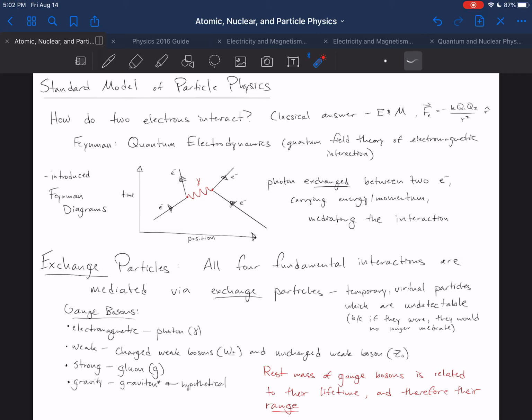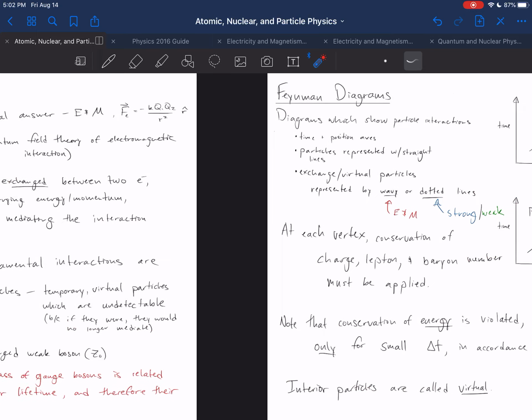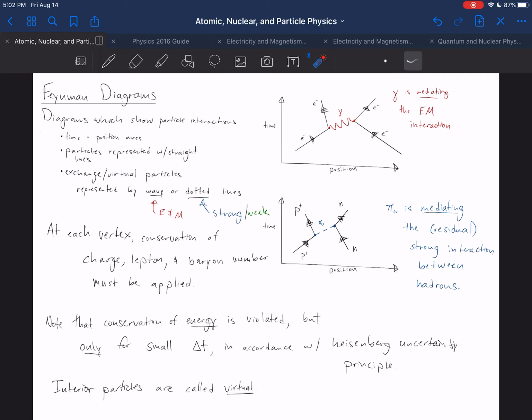If it were any longer, quark confinement would cause other quarks to pop into existence. So, given that, let's return to Feynman diagrams here.